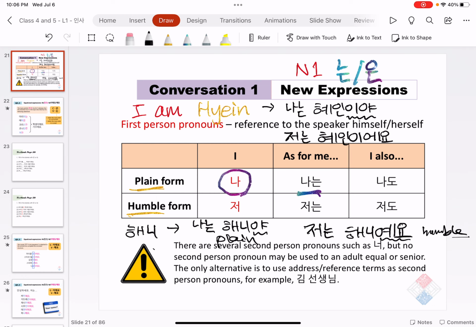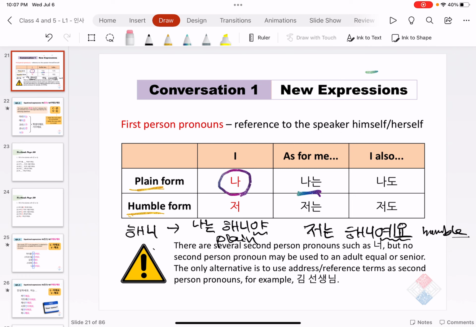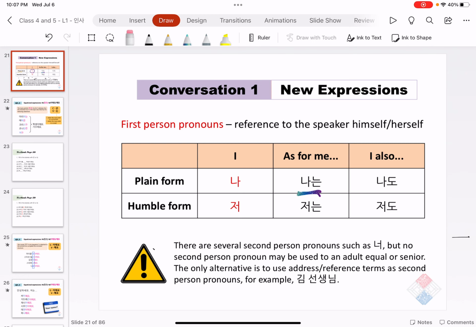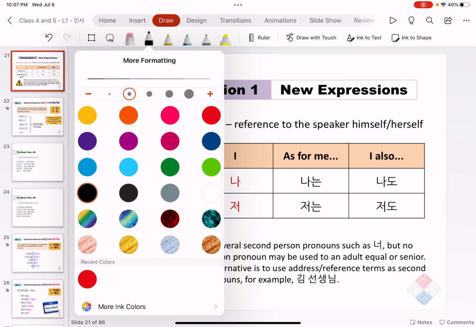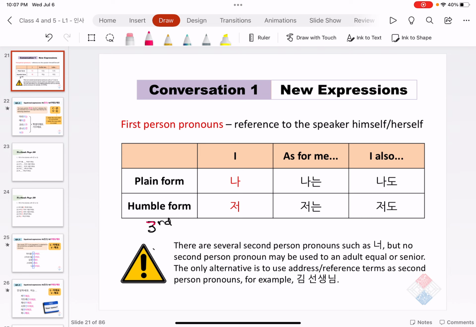Say I was talking to someone my age, let's say I was a third year, talking to another third year. I'm going to use a plain form.